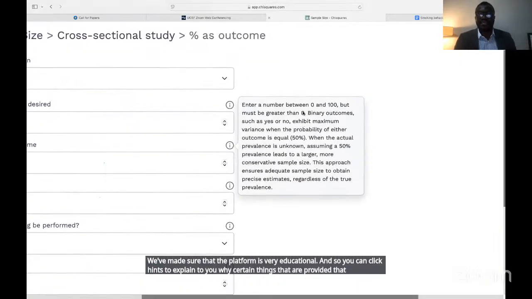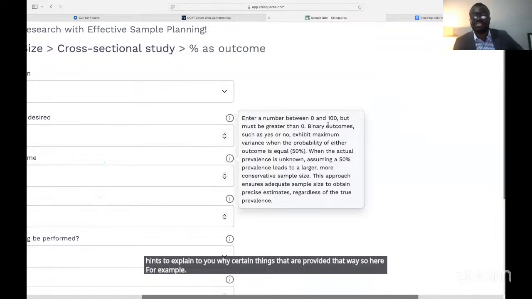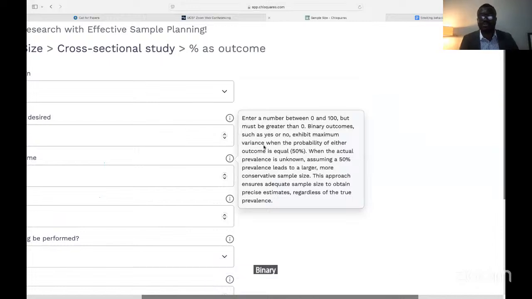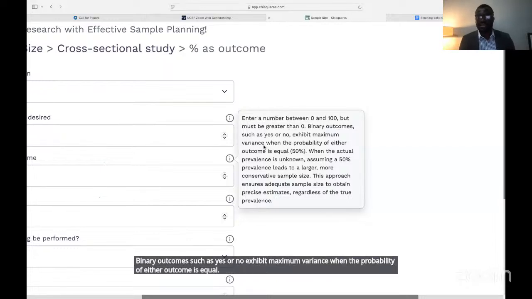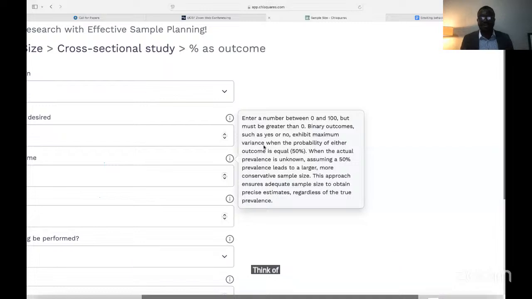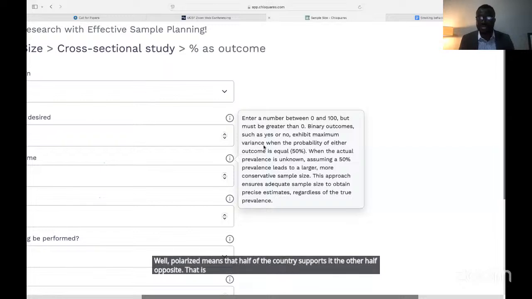So here, for example, it says enter a number between 0 and 100, but must be greater than 0. Binary outcomes such as yes or no exhibit maximum variance when the probability of either outcome is equal, right? Think of when we say, wow, the country is very polarized on, let's say, gun reform. Well, polarized means that half of the country supports it, the other half oppose it. That is when you have maximum variance on any given issue, right?